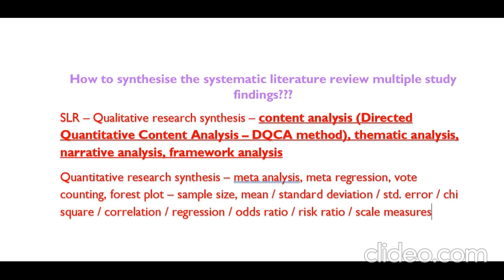Then the complication arises: some studies may give the output in correlation, some in regression, some in odds ratio or any other statistical tool. You should mention every outcome for the statistical measure for each study. For correlation, give a separate column. Regression, a separate column. Odds ratio, a separate column.